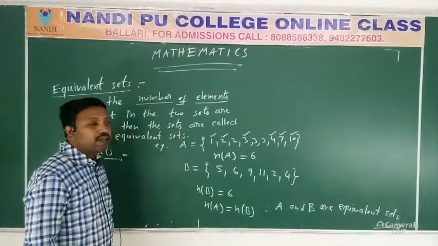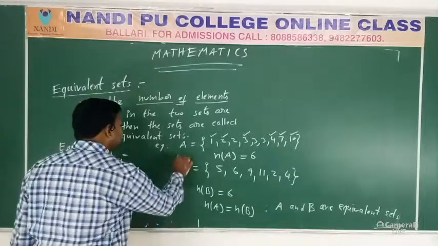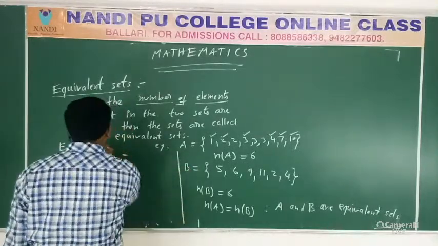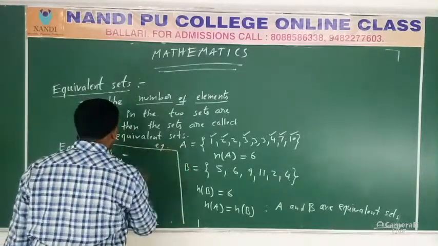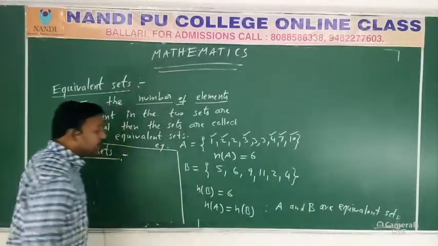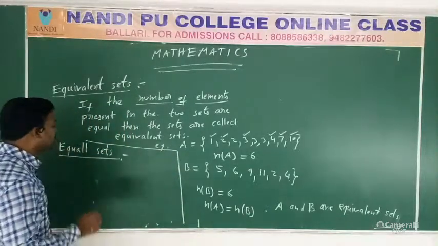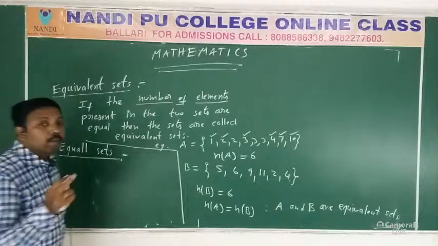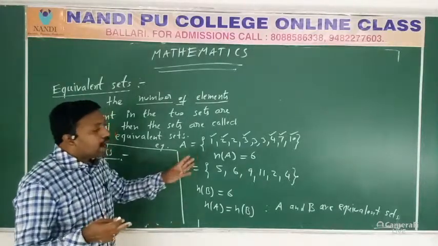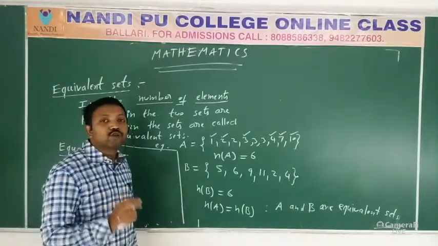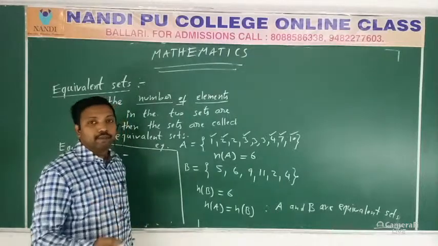What is the meaning of equal sets? Let us know the difference between these two. Equal sets means both the sets A and B must have the same elements.